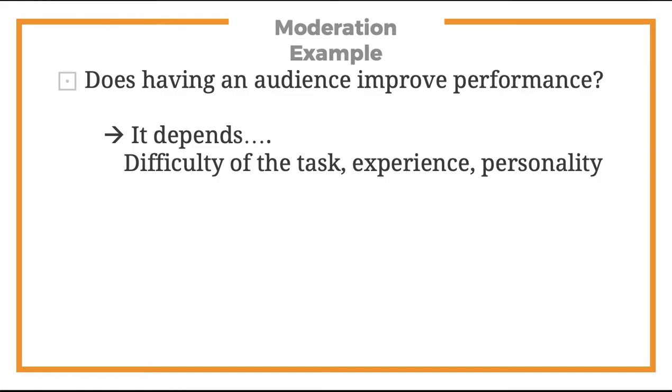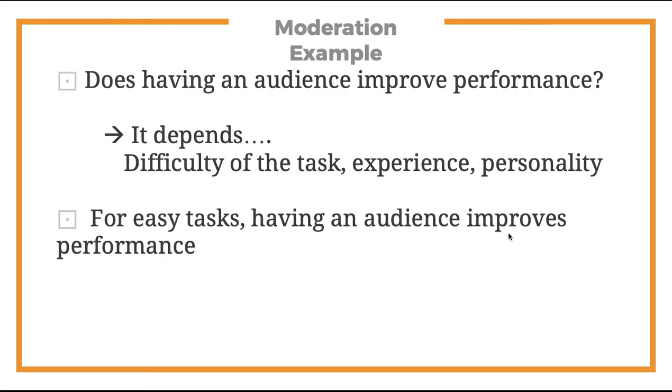So depending on how extroverted or introverted an individual is, might determine whether or not that audience helps them. So if somebody is very outgoing, the audience might improve their performance. But if somebody is very introverted, very shy, then the audience might actually hurt their performance. So this is a good example of moderation, because whether or not having an audience improves performance, it's going to depend on a third variable, again, which could be how difficult the task is, the experience the person has, or their personality.